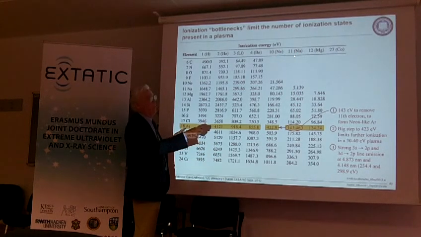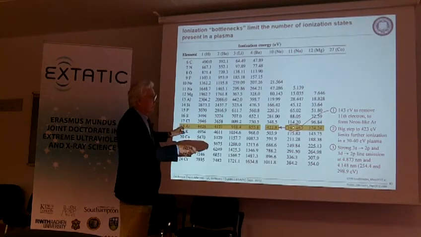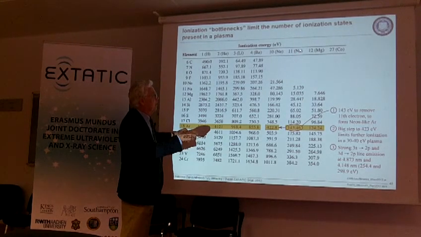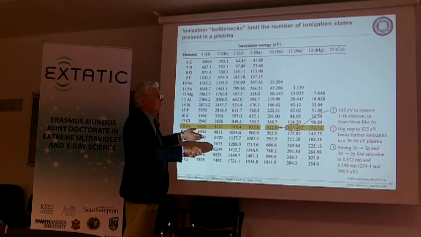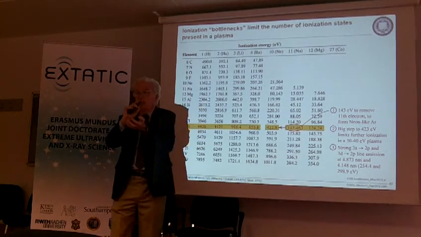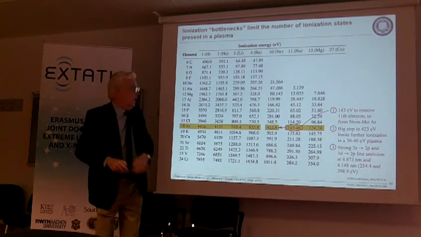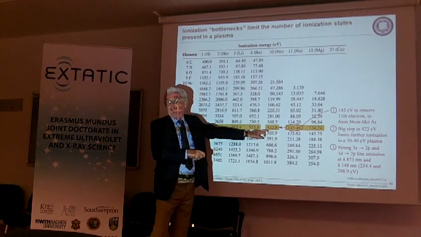So this is like neon plus 1. 10 would be the closed shell. It's got one extra electron. How much energy is required to remove that 11th electron? Well, it says here 143 eV is required to remove the 11th electron. That leaves you with a neon-like closed shell. And to remove that next electron, it jumps up to over 400 eV.